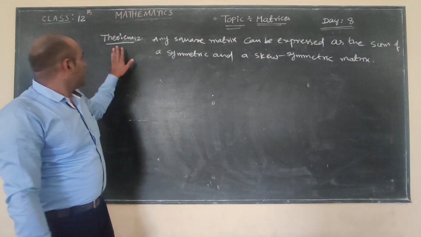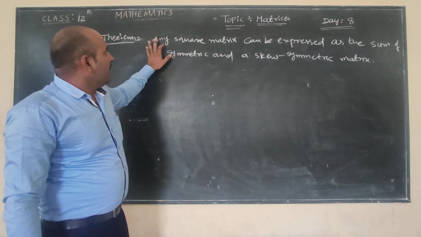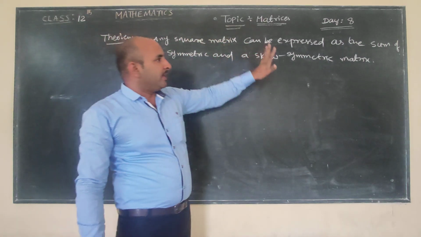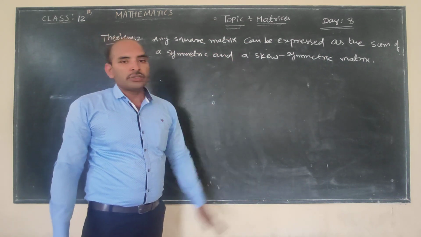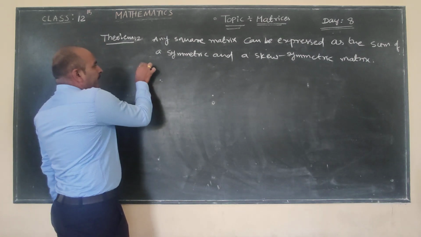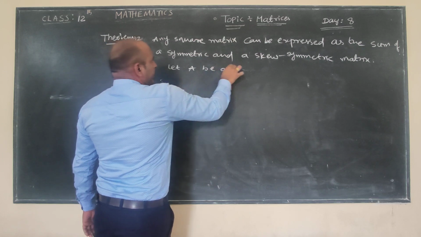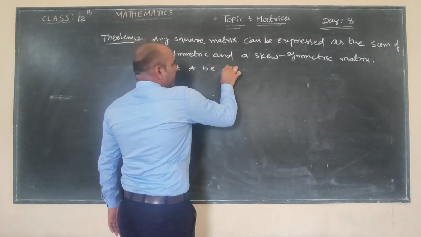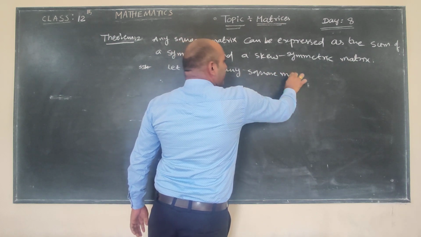So now coming to the second theorem. Any square matrix can be expressed as the sum of a symmetric and a skew symmetric matrix. Let capital A be any square matrix.